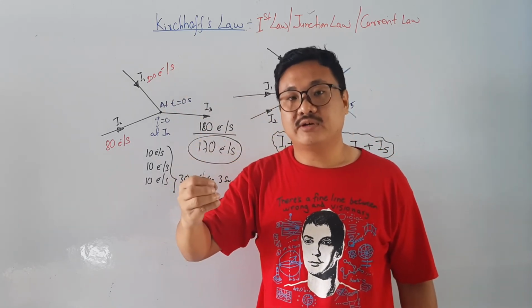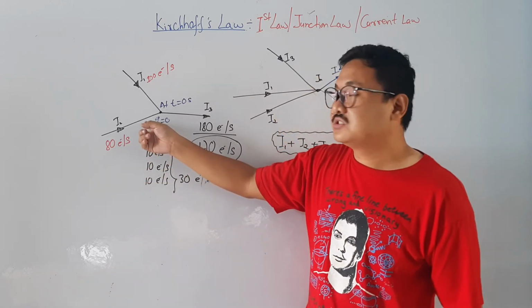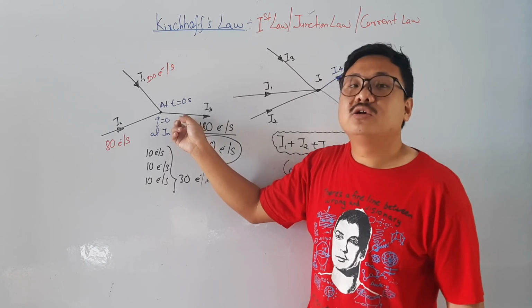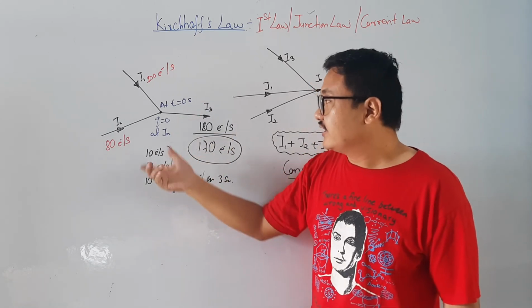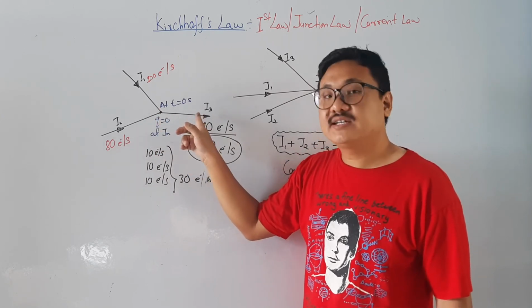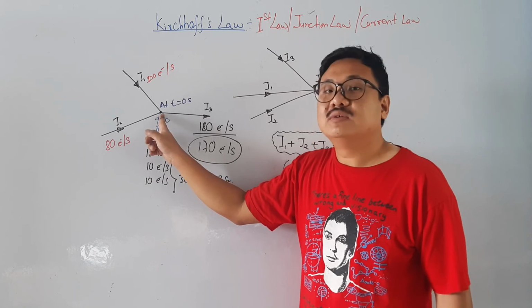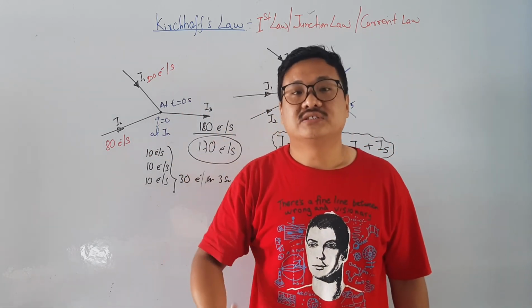The total current will be the same. If there is accumulation of charge, then there will be loss of current, which is not possible. If the charges accumulate here, it will not follow the conservation of charge.